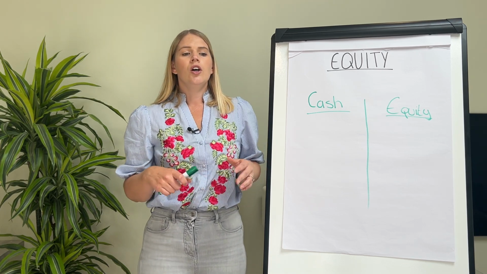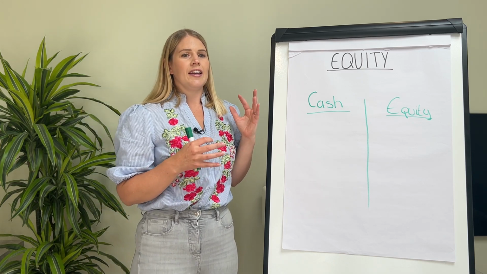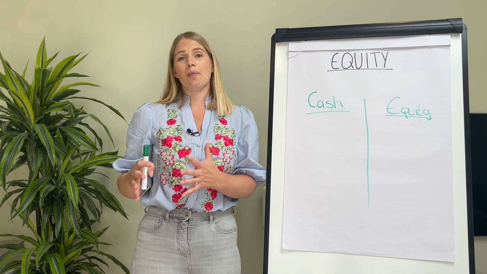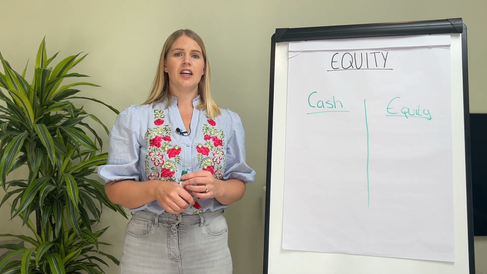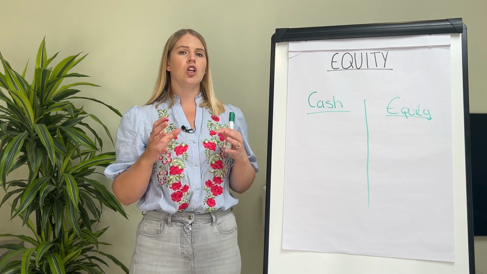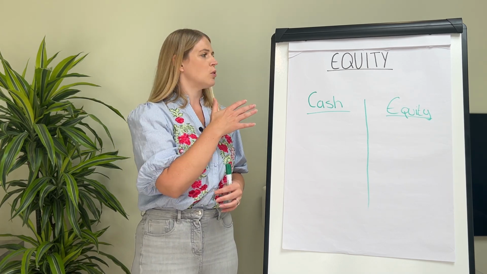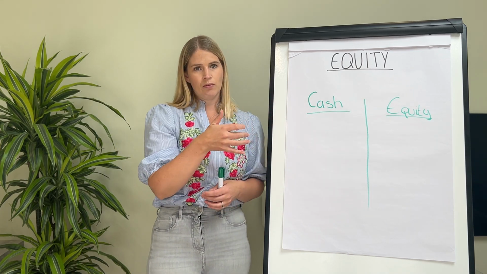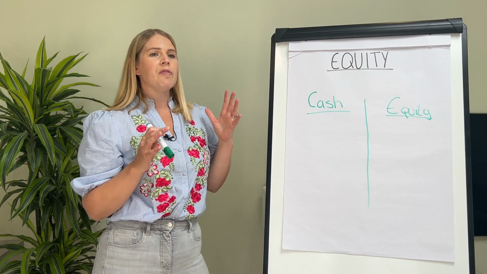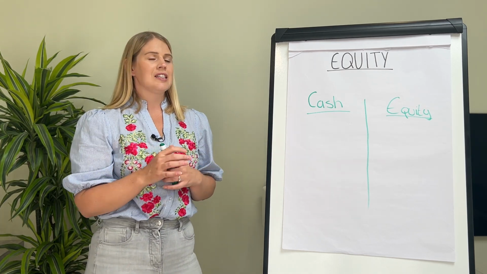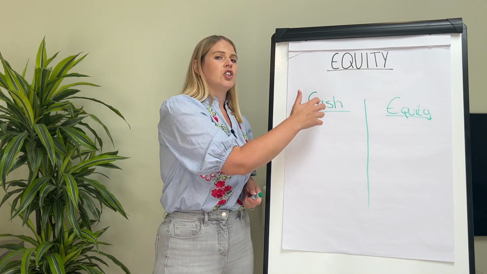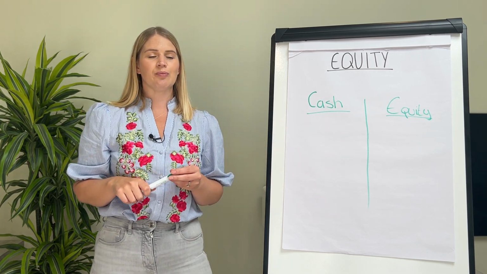Now, equity can be a really key indicator of what's actually happening with the cash flow in your business. And more crucially, you want to look at the gap between equity and cash, okay? What we find with most businesses is that there's actually a rather large gap between equity and cash.